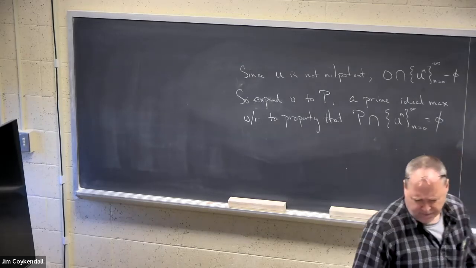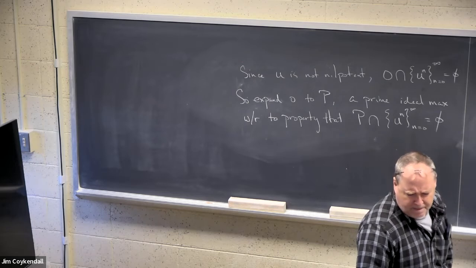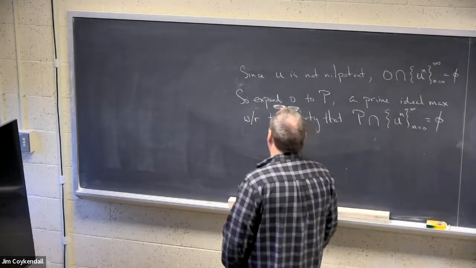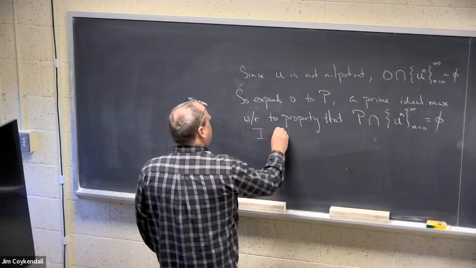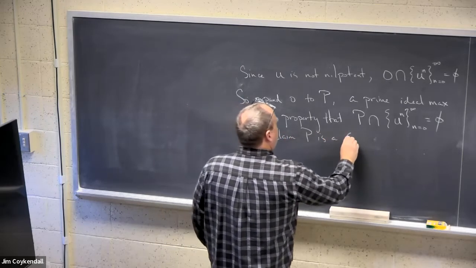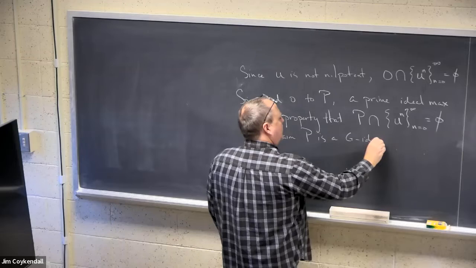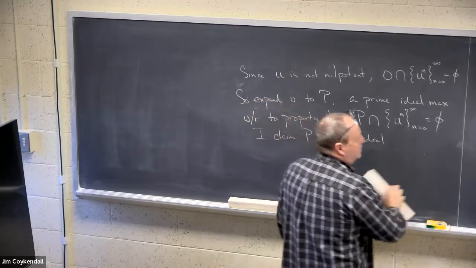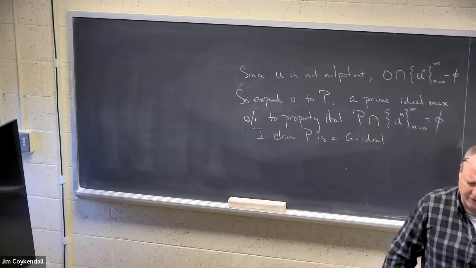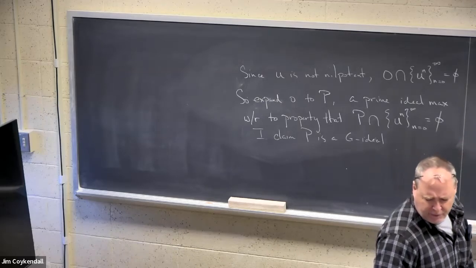There it was again. I claim P is a G ideal. Of course, let me make sure that I point out that P is prime, so I've got that covered, because it's maximal with respect to that property, so it's a prime.